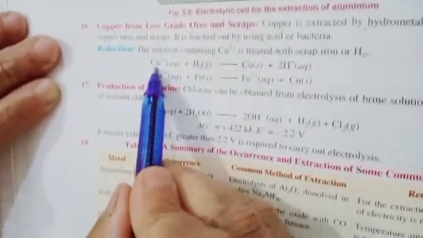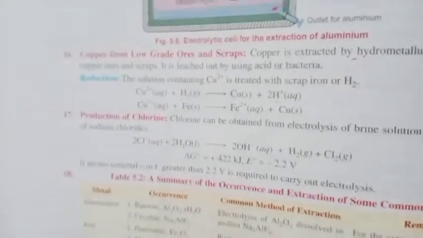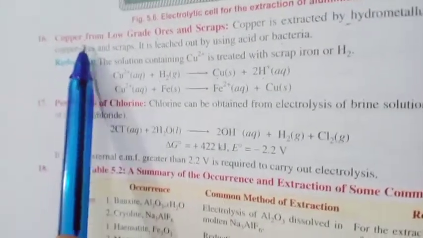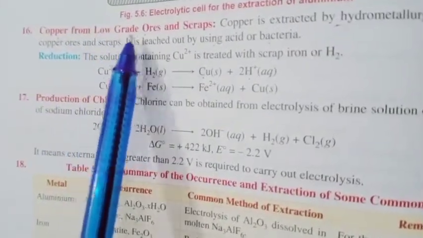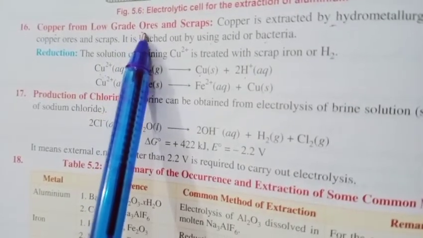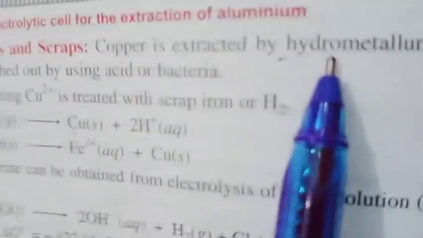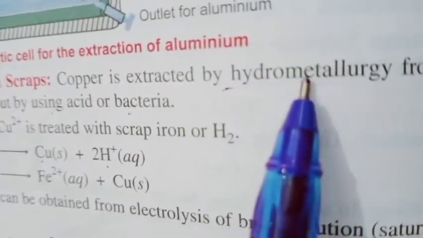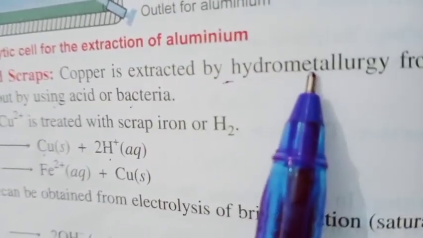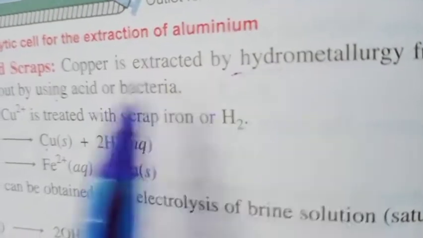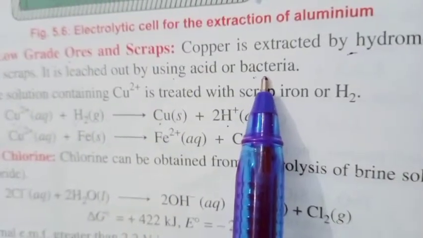Here they reduce copper ions to copper metal. Copper gets precipitated, it is collected. This method is used only for low grade copper ores. Okay, the name of the process is hydrometallurgy. What we do here is, we leach low grade copper ore using either acid or bacteria.